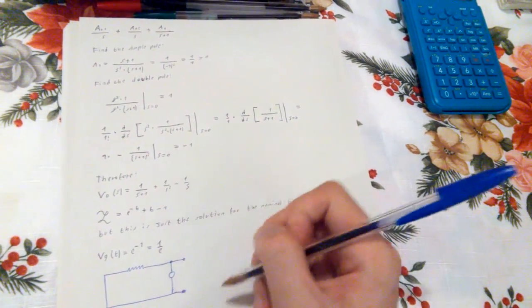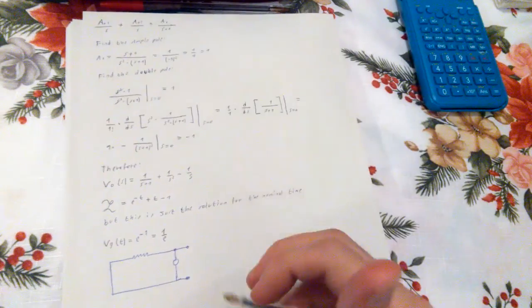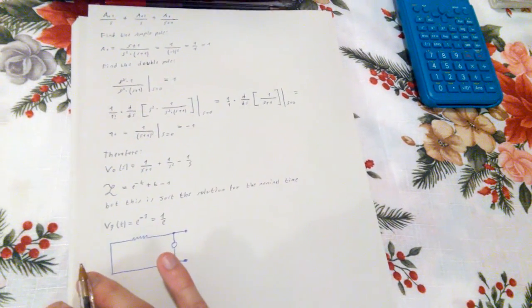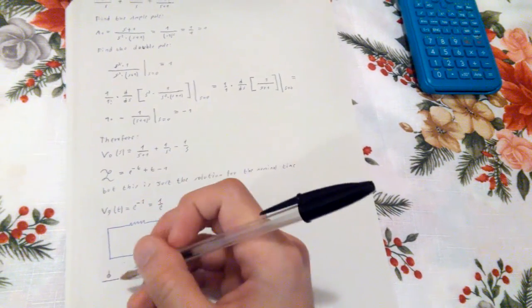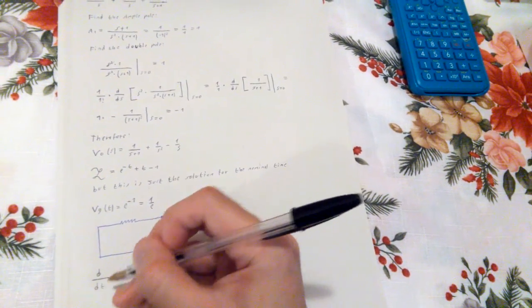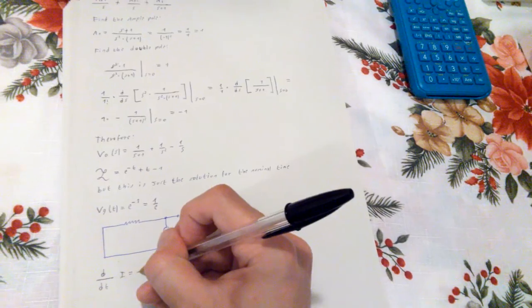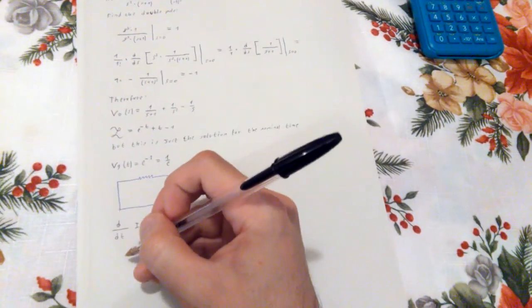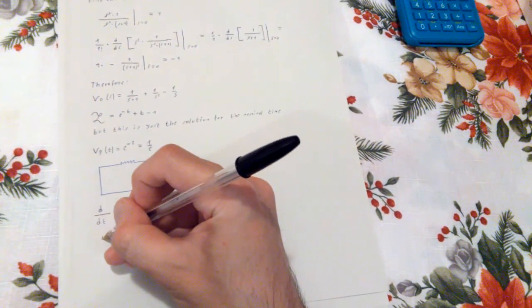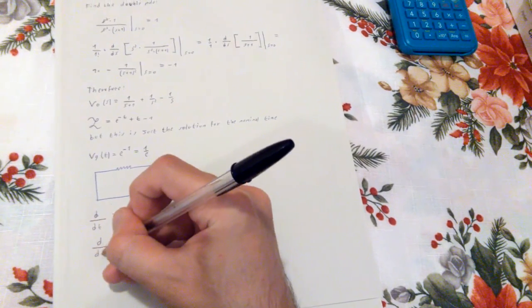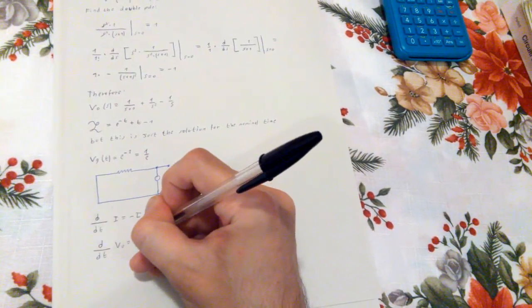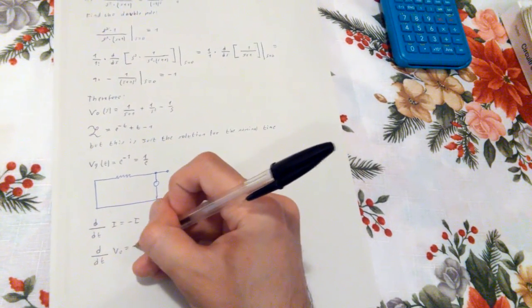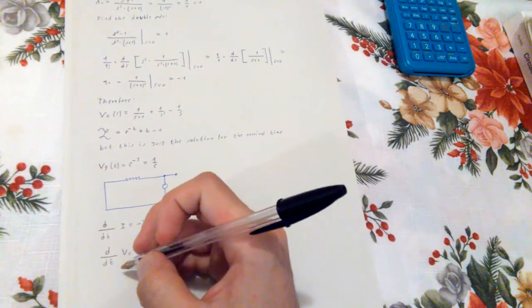And here is open as well. In this case, we will have d/dt of I equal to negative I. So d/dt of V0, just like I, will be negative V0.